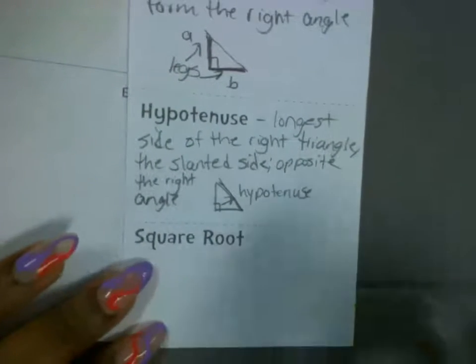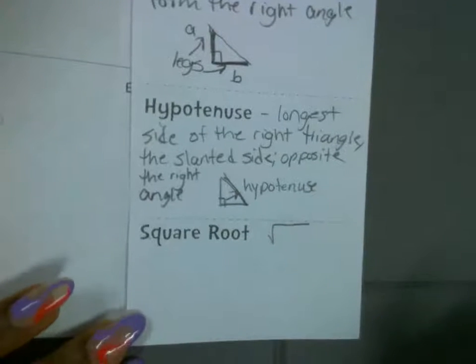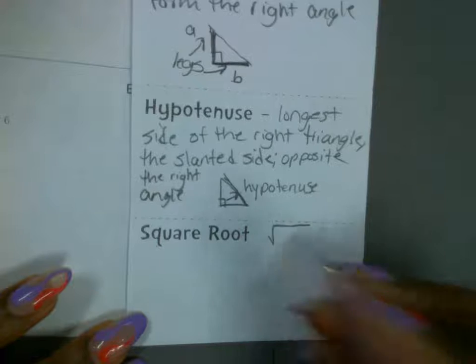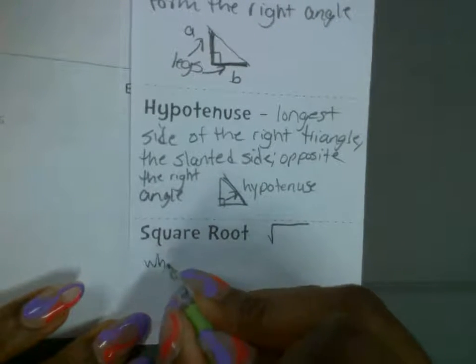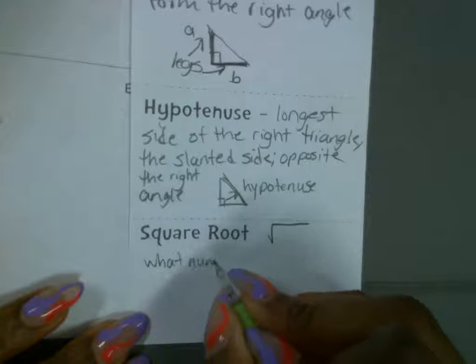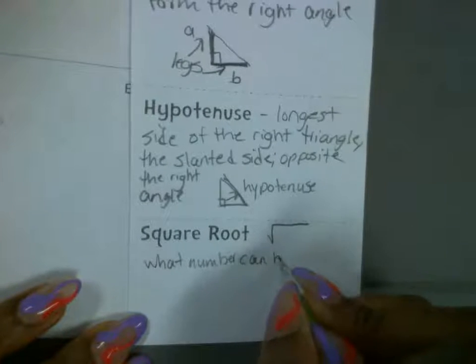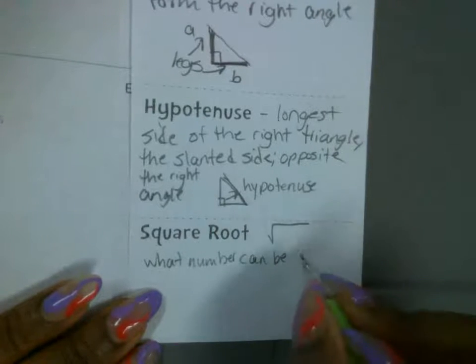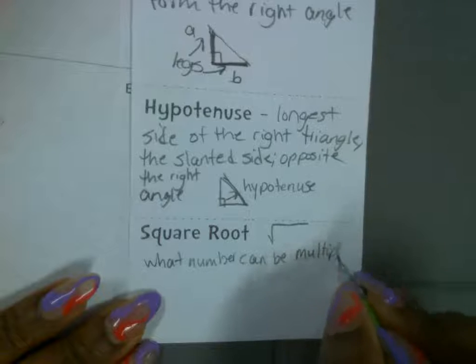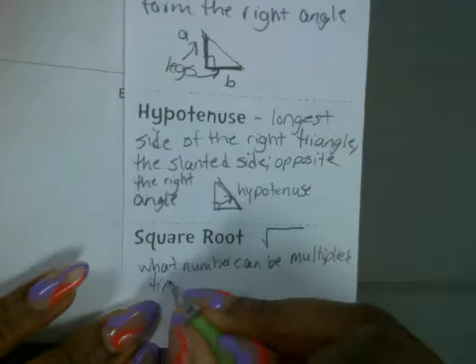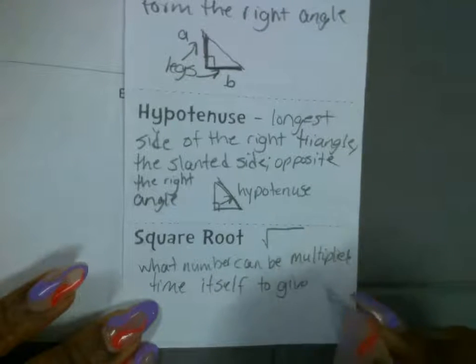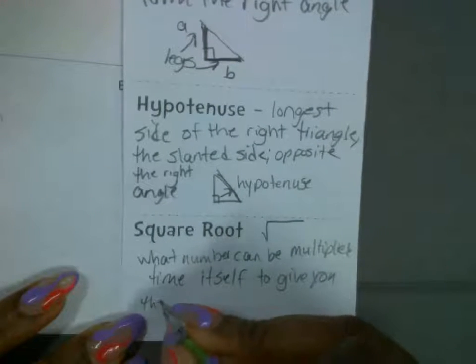Square root. This is the square root symbol. Remember, that means what one number can be multiplied times itself to give you the number that's under the radical.